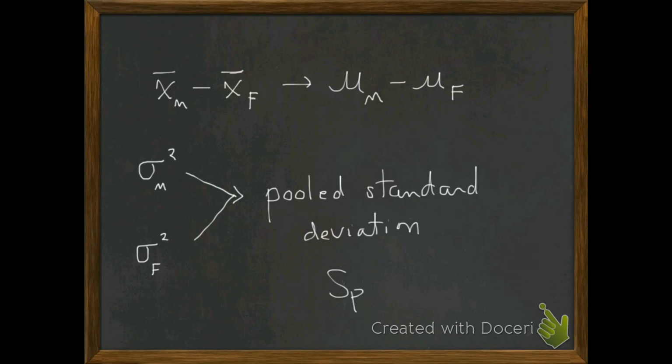And the notation for the pooled standard deviation is S sub p. Now, let me show you what this is. It's really simple. If we looked at the pooled variance, let me just call this S_p squared.